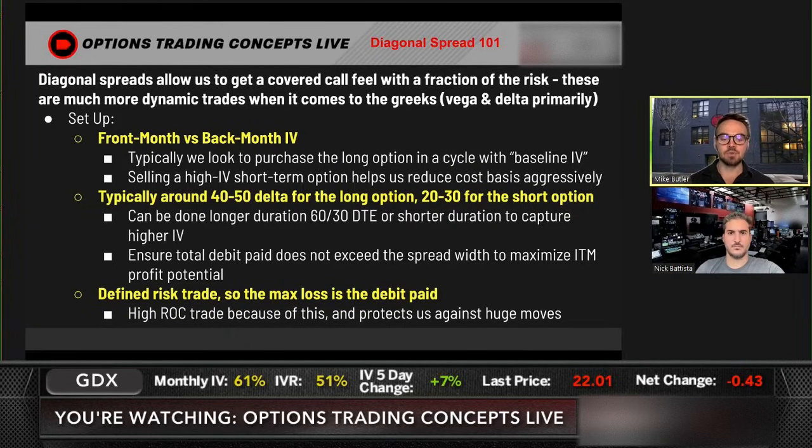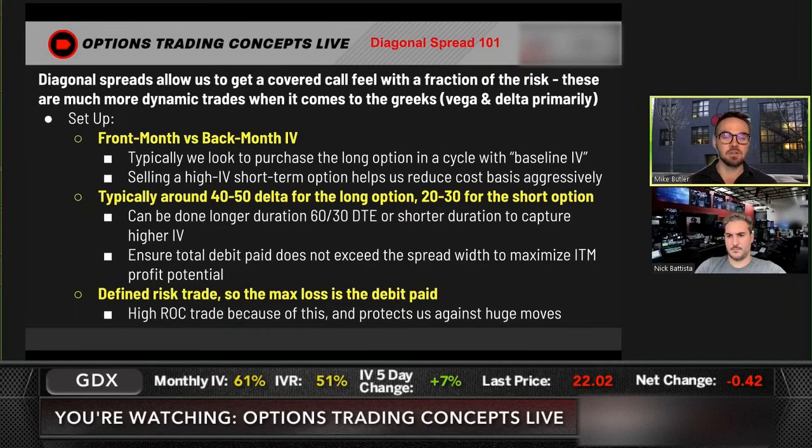We can do longer duration trades, and I like to go as far out as possible with the long option, as long as it still makes sense with the different checkpoints that we like to look for. And moving that long option further out in time further disassociates your purchase from implied volatility, which we'll talk about in a second. It's much more about theta value that you're buying, or extrinsic value based on time relative to implied volatility the further out in time you go.